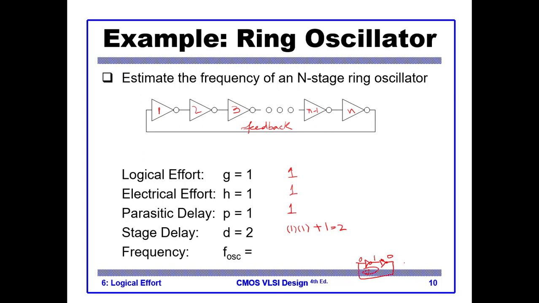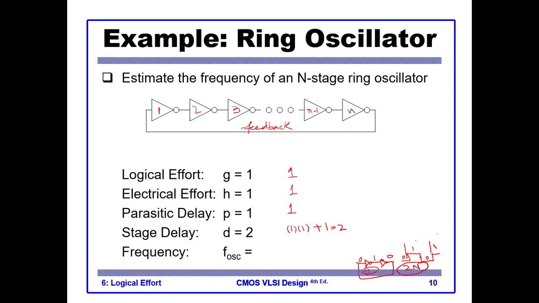So the output, if you want the output to go from 0 to 1 and then 0 to 1, it requires 2 times n iterations, where n is the number of inverters, and this is basically one period.